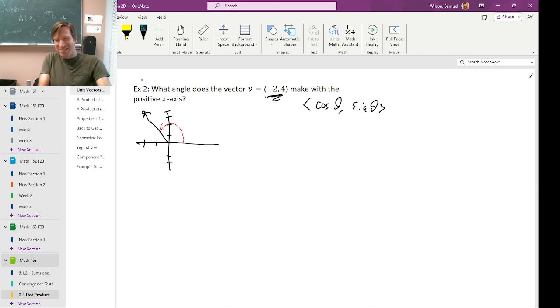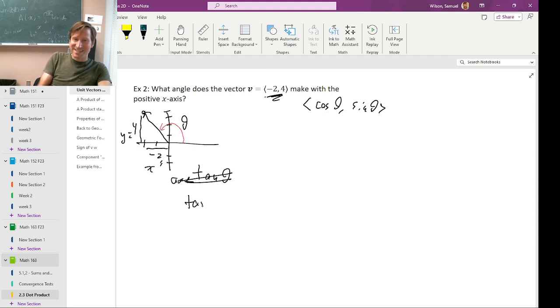Well, this is just like classic plane trigonometry, right? We have this distance is -2, this distance is 4. We want this angle theta, so we have an x and a y, and we want to know theta. We can use tangent, or arctangent, I guess. Tangent of this angle theta is y over x, and so arctangent of y over x is going to be theta.